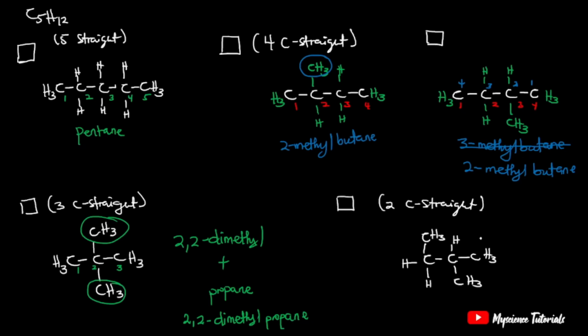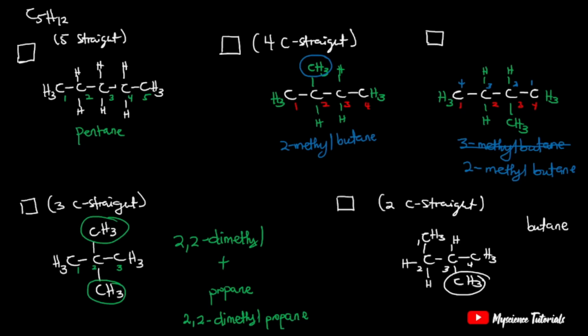So if I add it like this, I realize that my longest continuous chain will be 1, 2, 3, 4. So this is already butane, and we have a substituent on this carbon over here.